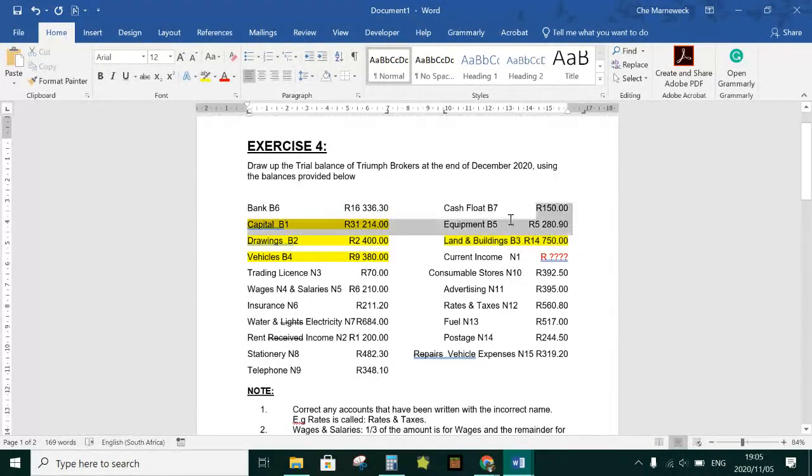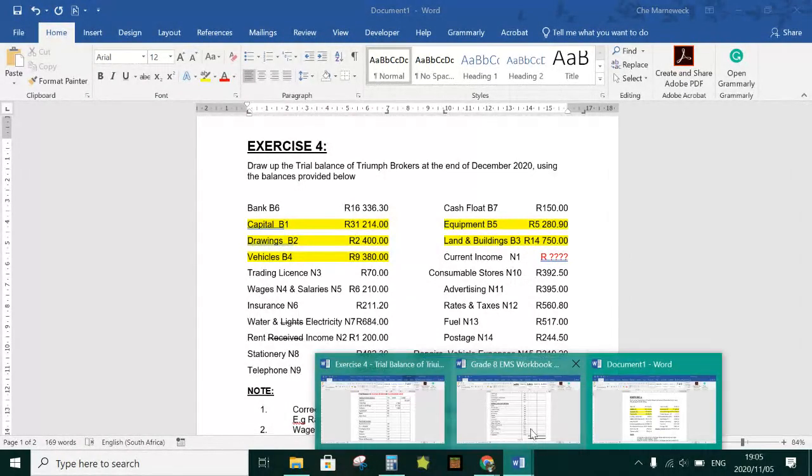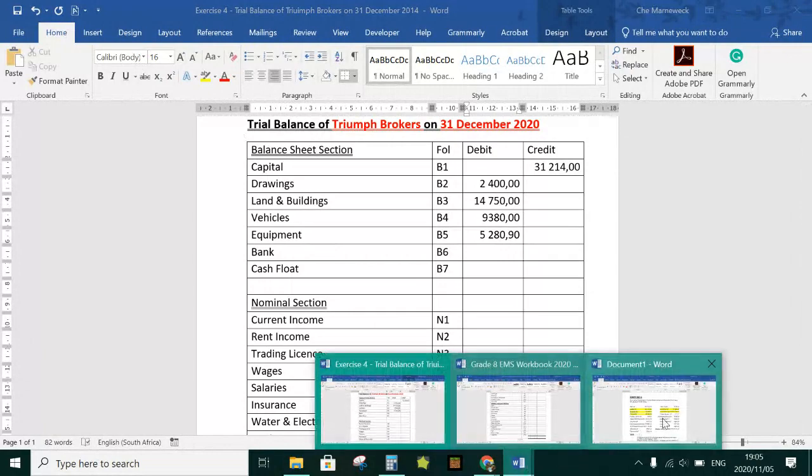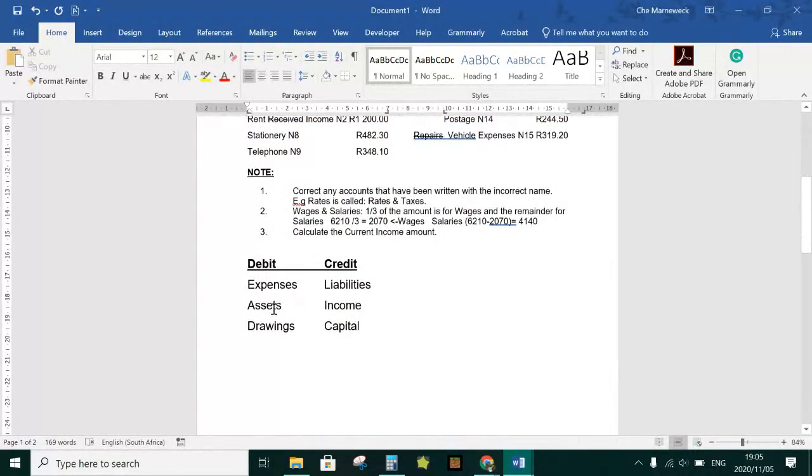Equipment is 5,280 and 90 cents. 5,280.90. Because I want good cents, I feel like it's just easier to put cents in for everything. Okay. Next up, we've got current assets. What do we do to current assets?